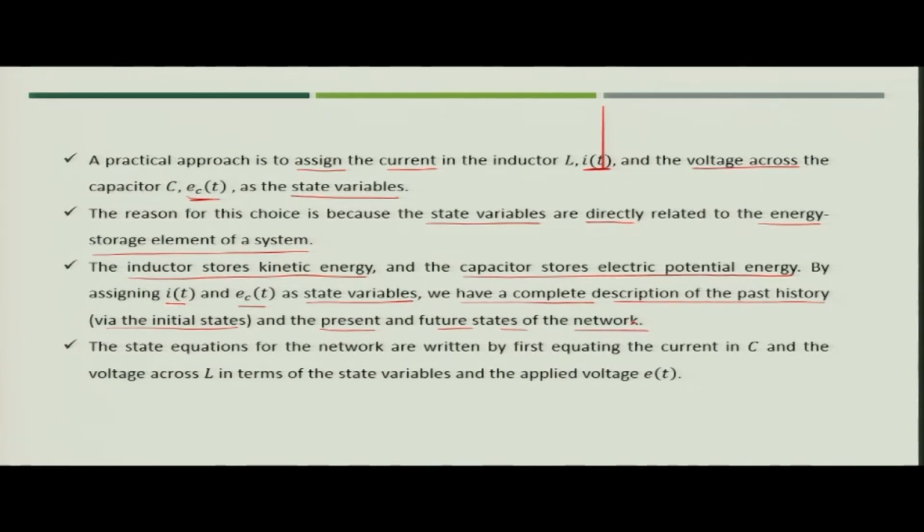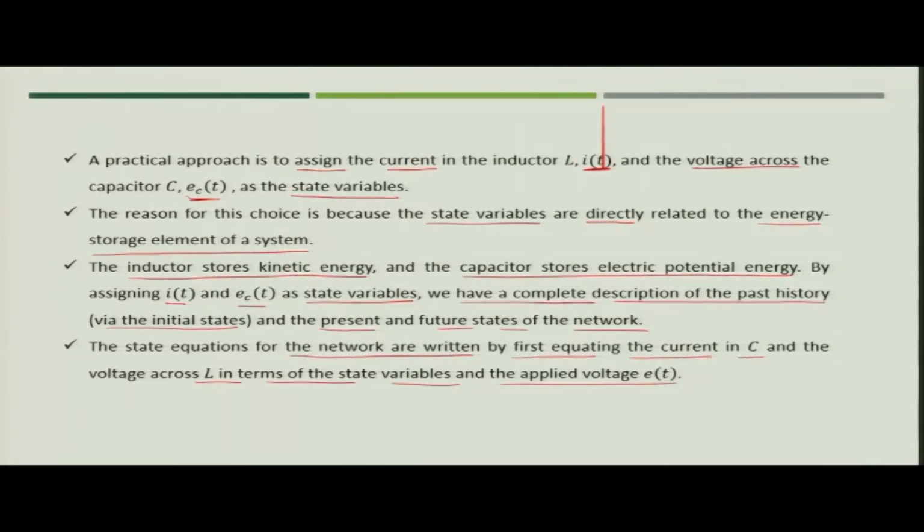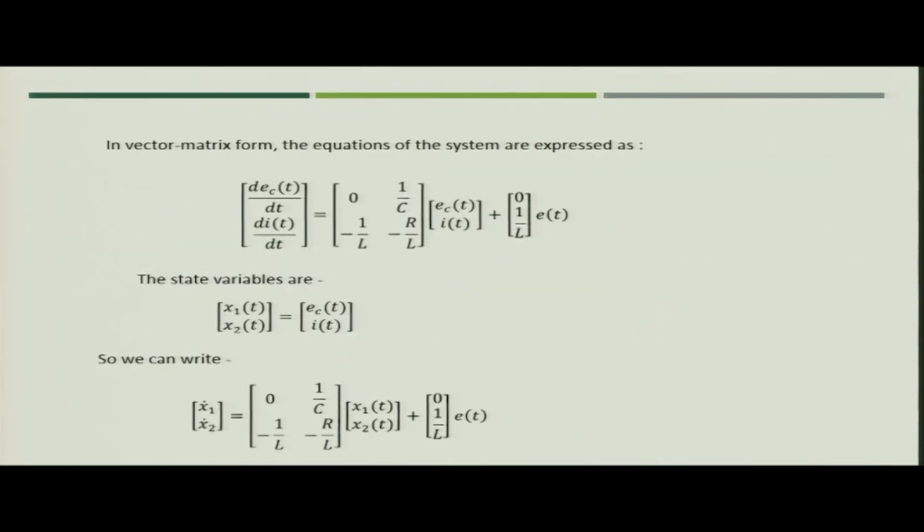Now, the state equations for the network are written by first equating the current in C and the voltage across L in terms of the state variables and the applied voltage. Using the previous equations which we just saw, we can recollect and write them in terms of the state variables.